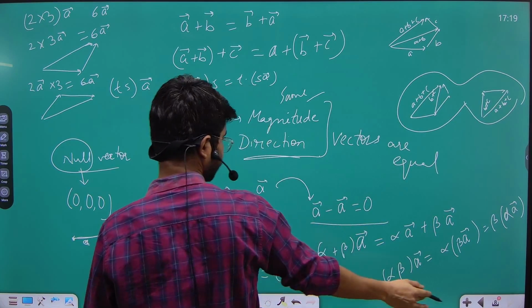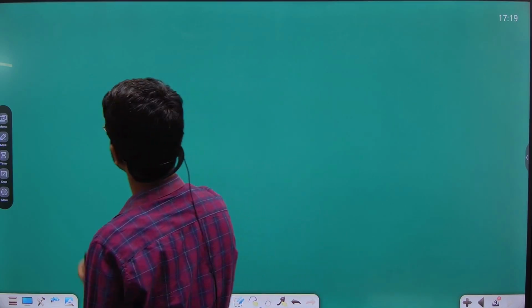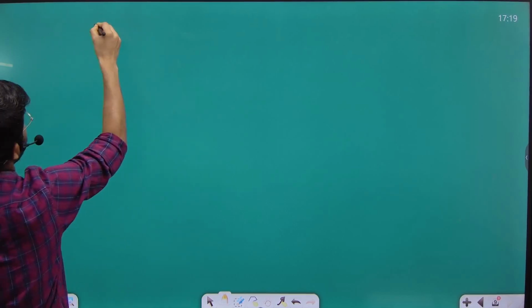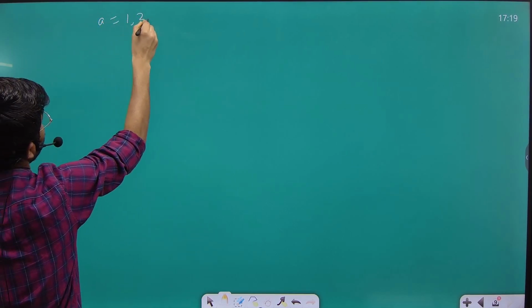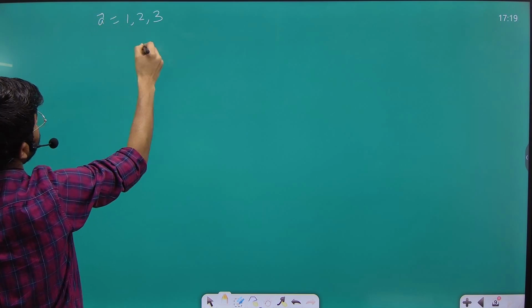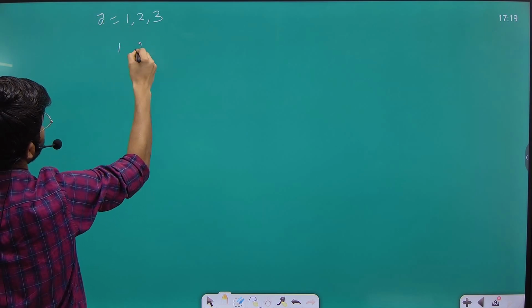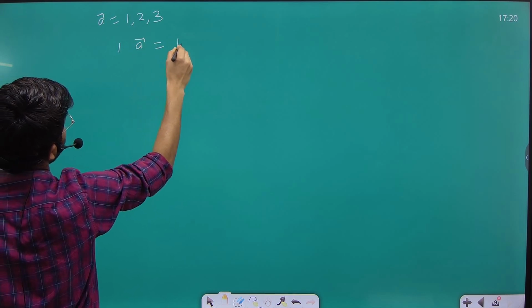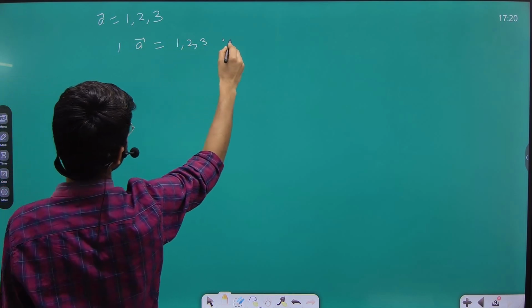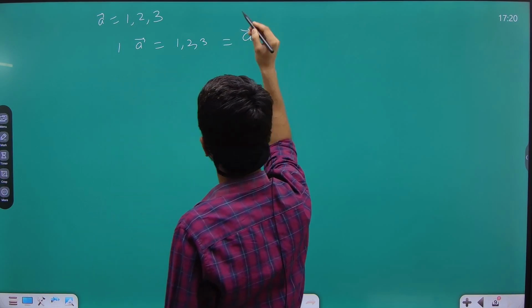Suppose you have one example. You have a vector a equal to 1, 2, 3. If you multiply it with 1, then 1 times a would be 1, 2, 3 itself, so that would be vector a itself.